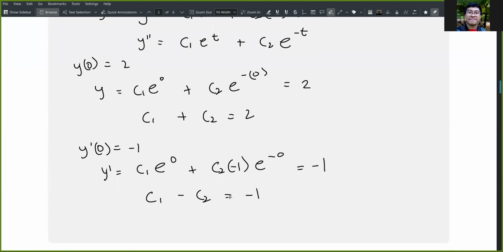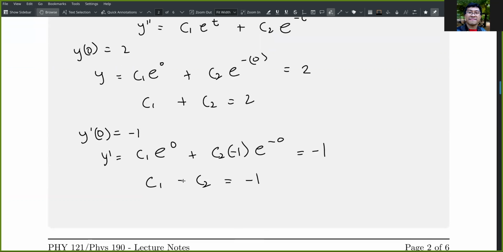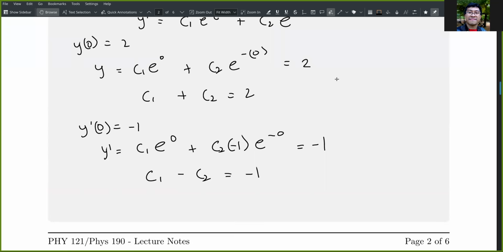We have these two expressions. Let's call them equation 1 and equation 2. Adding the two, we have 2 c1 equals 1. So if you add 1 plus 2, this gives us c1 equals 1 half.